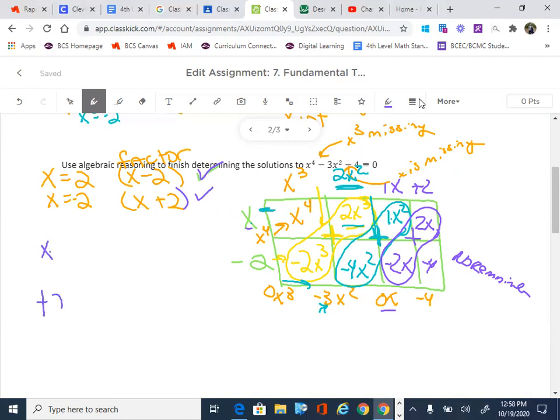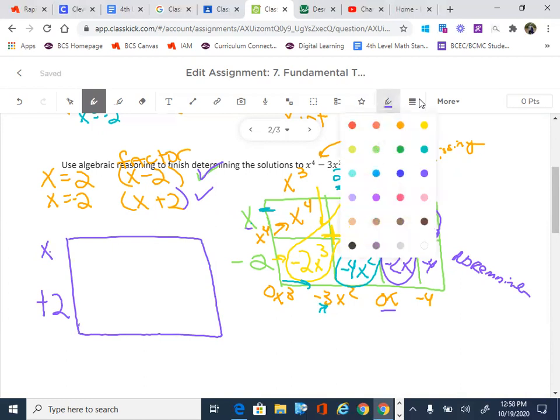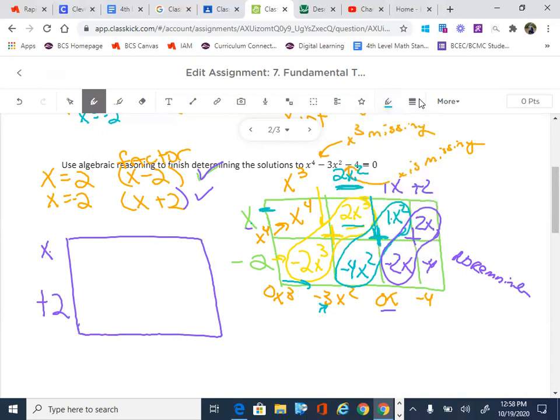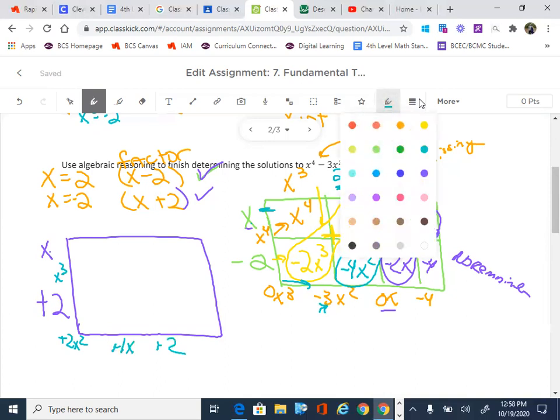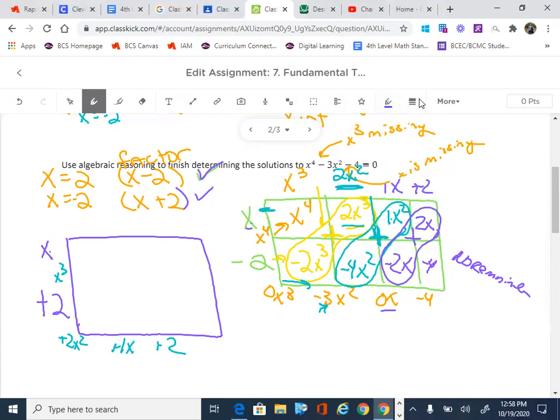X plus 2 goes into our next piece, which is x cubed plus 2x squared plus 1x plus 2. I'm going to draw those back in, and do the division one more time.